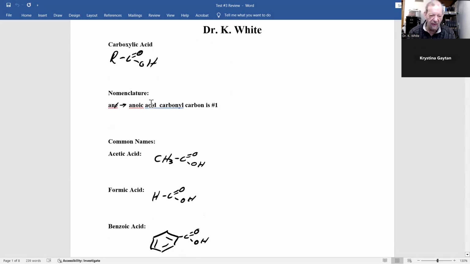The IUPAC nomenclature rules are: name the longest chain that contains the carbonyl carbon and the R group carbons. Name it as an alkane. Drop the E, add OIC, and the word acid. Oh, excuse me, I'm getting all choked up over this stuff. Remember, the carbonyl carbon is always number 1, and you don't need to put that down.